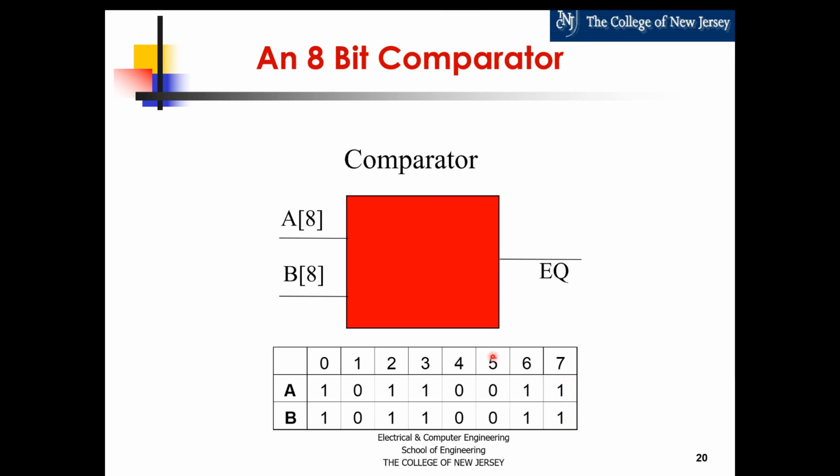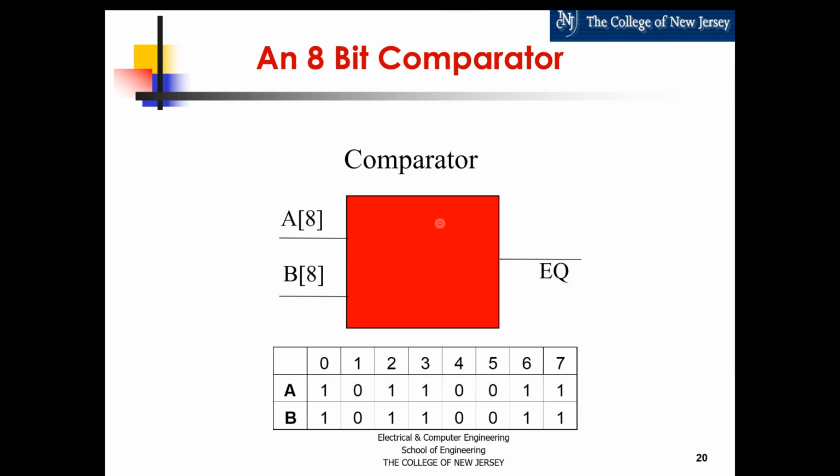So you would need 8 exclusive NOR gates. But then you have to aggregate the outputs of those exclusive NOR gates into 1 bit. So that would take an 8 input AND gate.